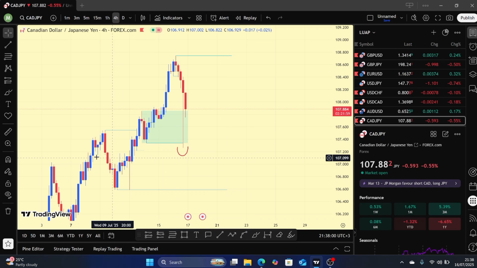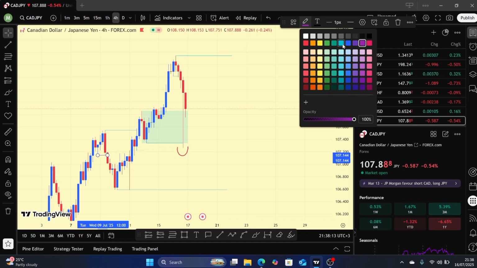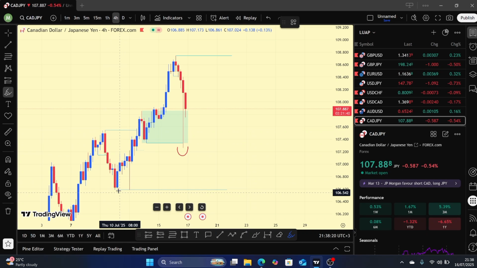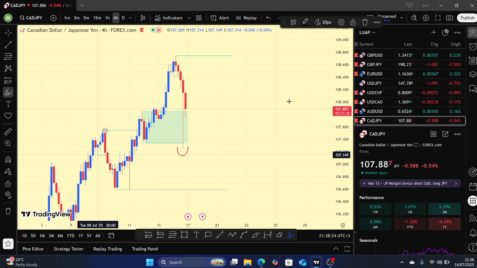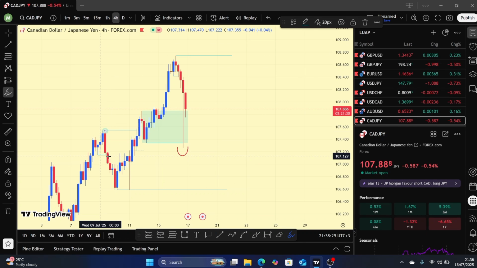You can clearly see that price has taken out this inducement exactly right here, and this here is a major inducement. So price has taken out the major inducement, and then after that, this one here is obviously confirmed to be a swing point, and then this one here also. So right after price has taken out the inducement, it doesn't matter if it's major or minor, this one here is already a confirmed swing point.